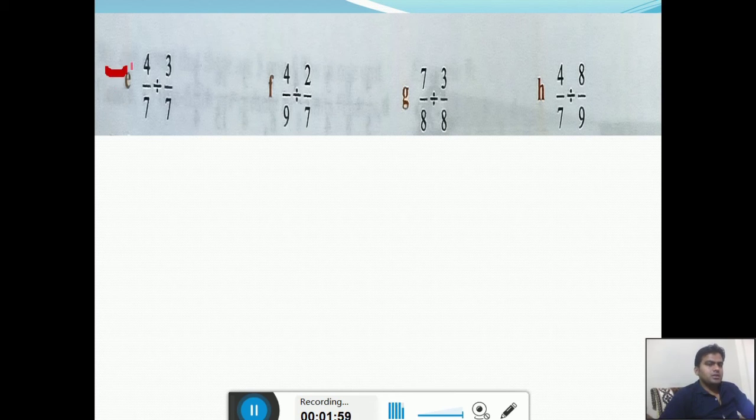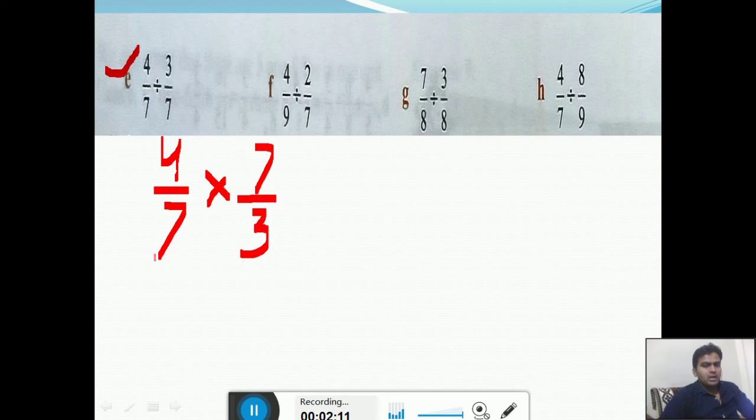These questions also you can solve by the same method, like 4 upon 7. Now the divide sign changes into multiply, and the next number becomes 7 upon 3. Now we can cut this 7. So we are left with 4 into 1. Here nothing is left, only 1 is left, and here also 1 is left.